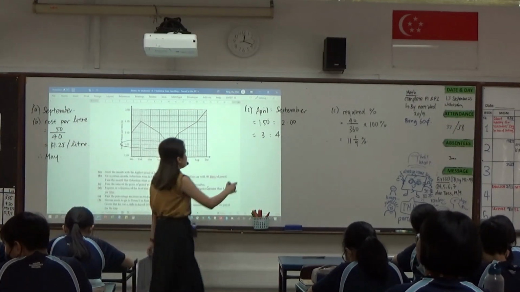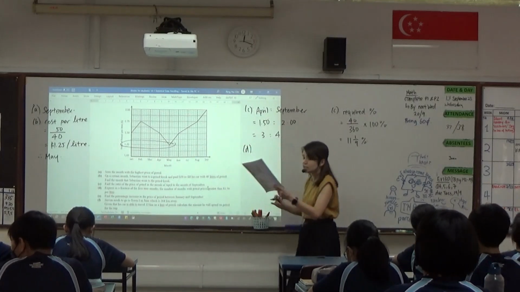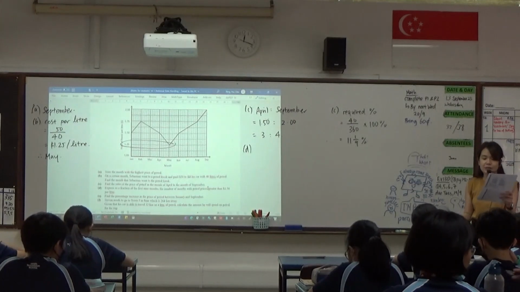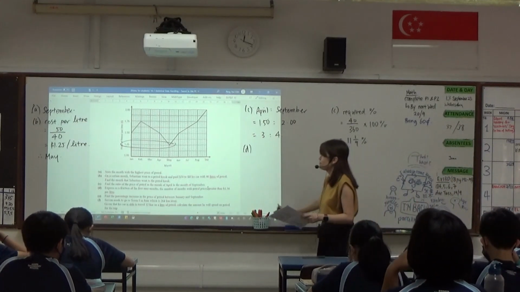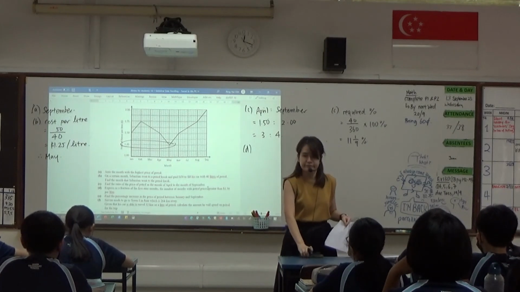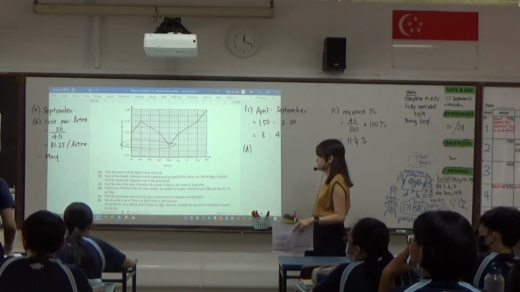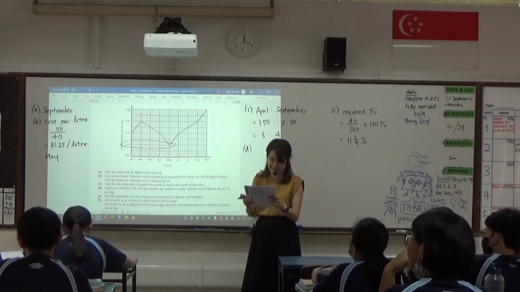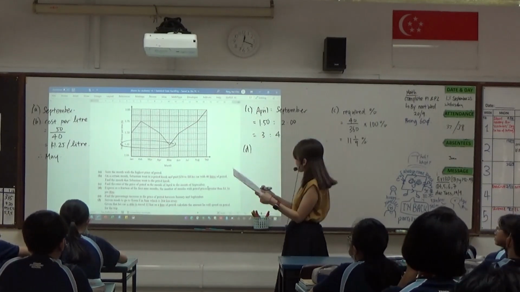Alright, part D. Express as a fraction of the first 9 months the number of months with petrol prices greater than $1.50. What will your answer be, Zach?